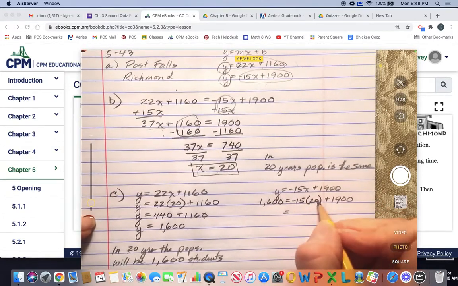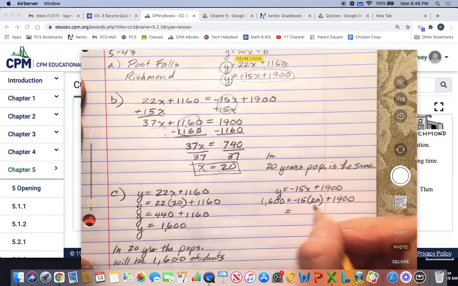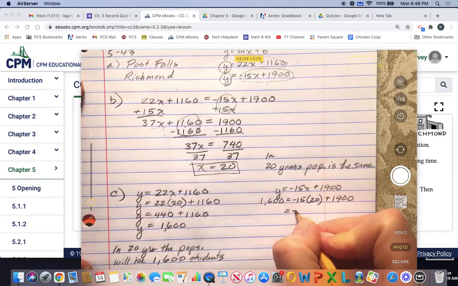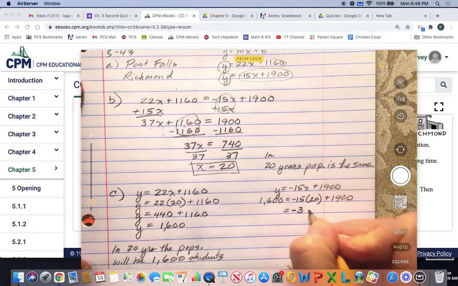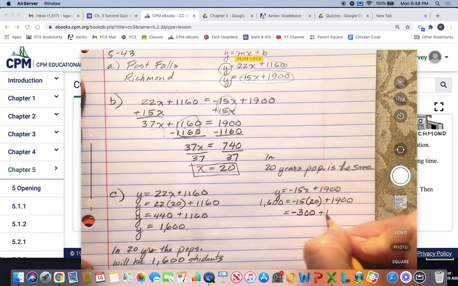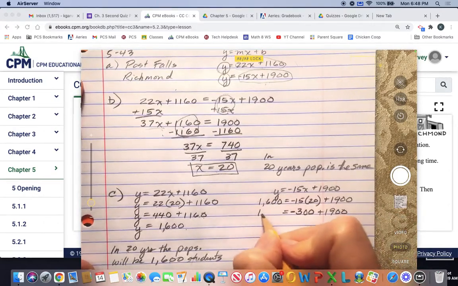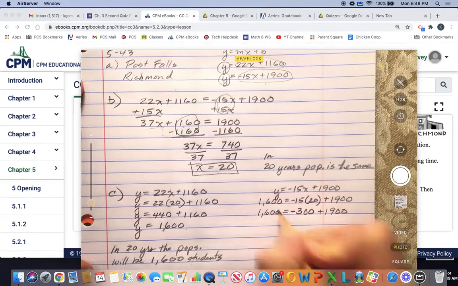So negative 15 times 20, so twice that is 30. And this is going to be a negative number. So that's negative 300 plus 1,900. And this is still 1,600 on this side.